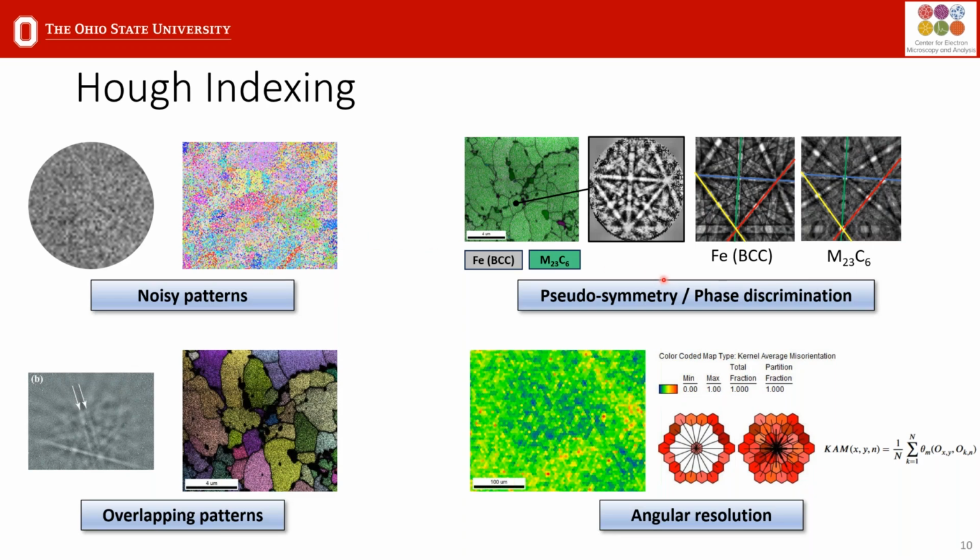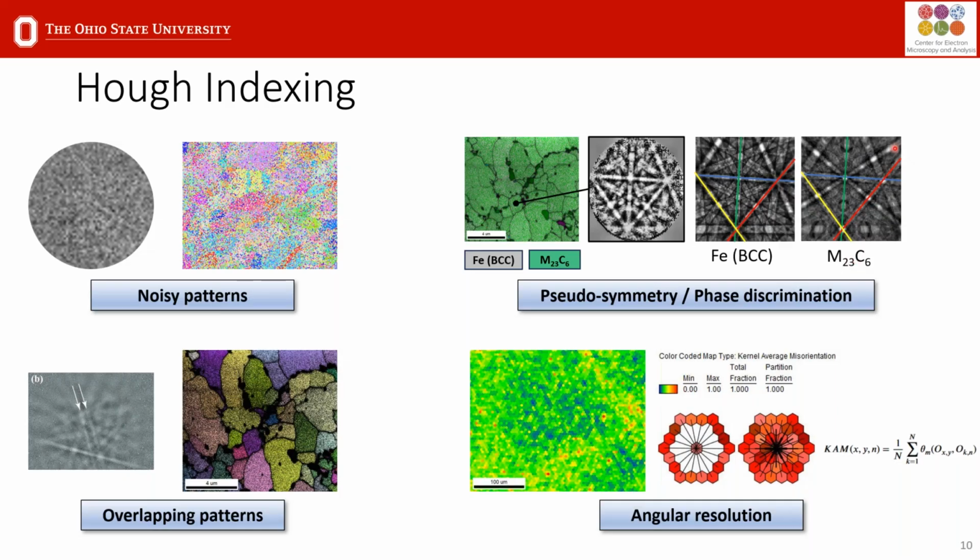The other area where it sometimes struggles is if you have 2 phases, for example, that have exactly the same angle of bands in the position of these Kikuchi lines. Here, one is the body-centered iron, and this M23C6 precipitate is an FCC structure, but they happen to have bands that are very, very similar.